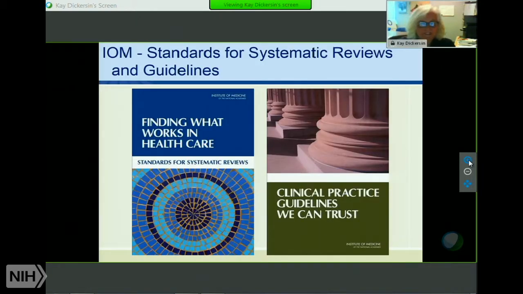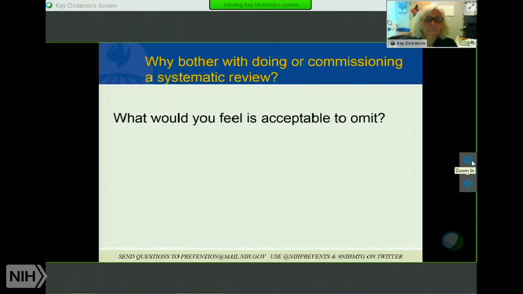The Institute of Medicine, now the National Academy of Medicine, also provides standards for doing systematic review in a book you can get for free. It's the one on the left by going to the web, or you can purchase it, either way. But this also gives standards for doing systematic reviews and guidelines.